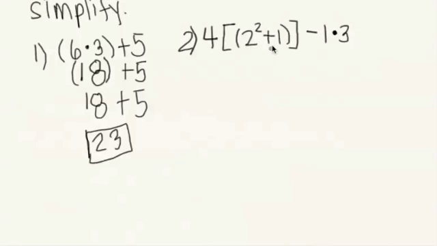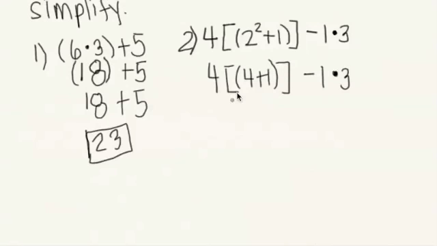So here we go. We have 2 squared plus 1 inside the parentheses. 2 squared is going to give me 4, plus 1. Then I still have my 1 times 3 out here. Still simplifying in there, I am going to end up getting 5.